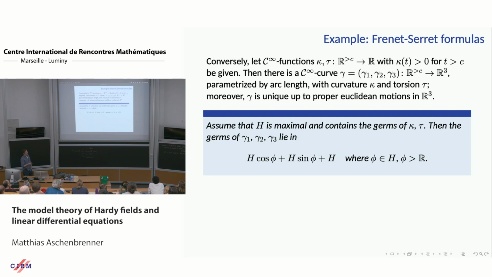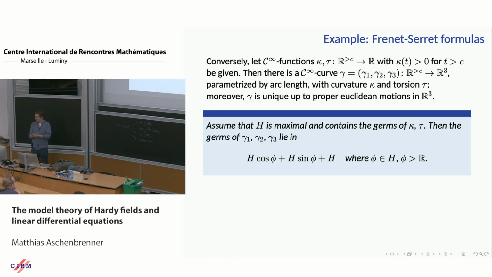Okay, and so here's our little application. This was exactly a system of the type that I was talking about before, a skew-symmetric matrix, and n was odd. So if H is now maximal, and you assume that it contains kappa and tau, then the terms of this curve can be expressed.